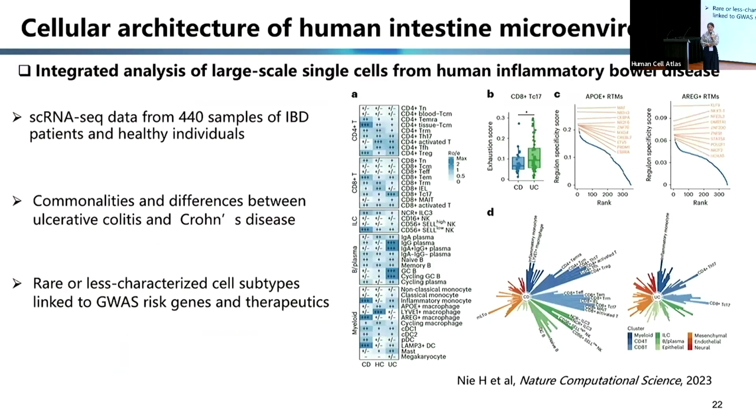After integrating these single-cell transcriptomes from over 400 samples, we systematically compared two subsets of IBD, ulcerative colitis and Crohn's disease. We identified that immune cells and non-immune cells showed distinct enrichment.